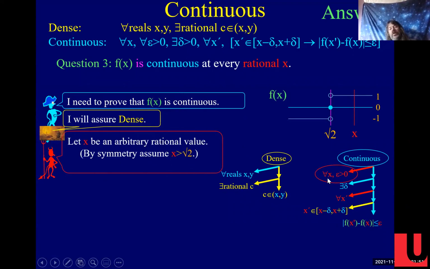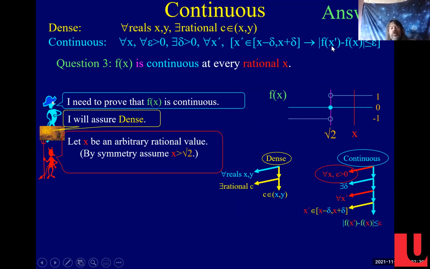Then we're given some x value and some epsilon value, and I gave you the hint that there are two cases and they're pretty much the same. So let's just assume that x is on this side. So we're given some x on this side, and all we need to do is prove that.